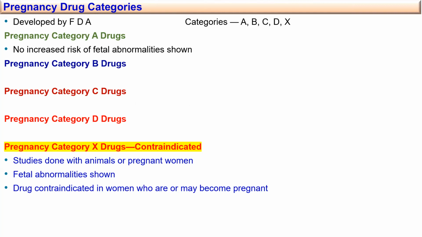So if we divide the pregnancy into three periods, the pre-implantation period, the embryonic period, and then the fetal period. The pre-implantation period is week 1 to 2 of the first trimester.